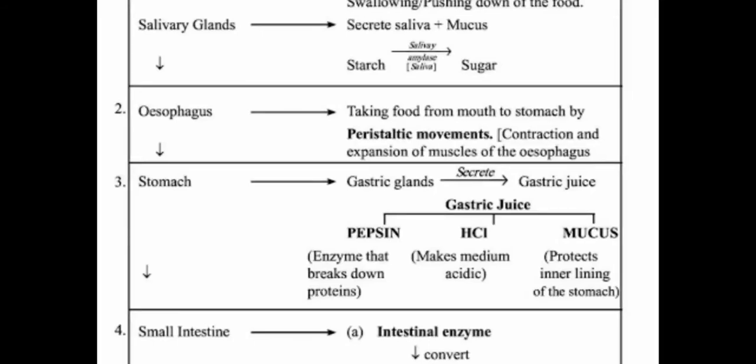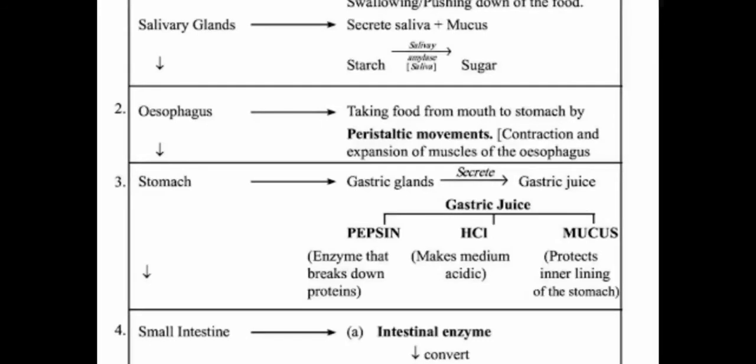This is digestion, which is taking place in the stomach. Digestion is a process in which complex substances are broken down into simpler substances, and protein is a complex substance that is broken down into simpler substances in the stomach. To break down this protein into simpler substances, it requires an acidic medium.